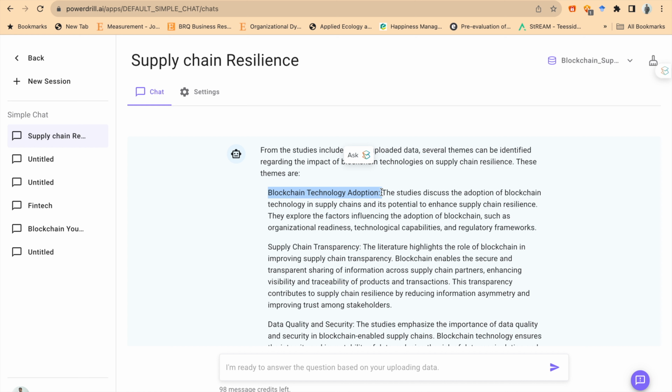I want to list down, identify, or recall. Remember, this is the purpose of this specific prompt. We want to list down the studies, identify the studies, or recall the studies which are already talking about blockchain technology within our data set.